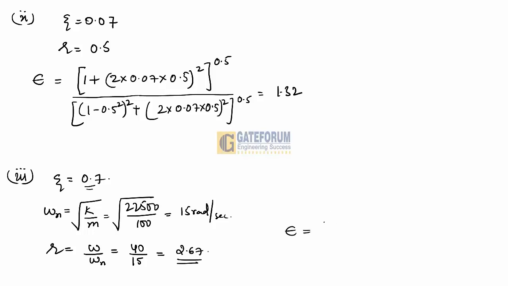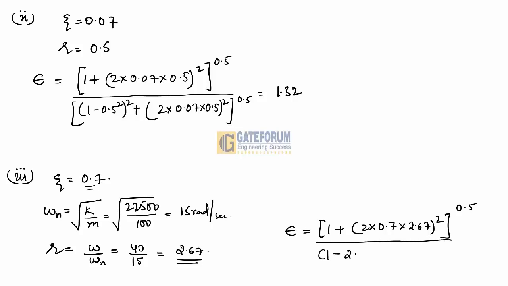So epsilon is equal to 1 plus 2 into 0.7 into 2.67 whole square, raised to the power of 0.5, divided by 1 minus 2.67 whole square plus 2 into 0.7 into 2.67 whole square, raised to the power of 0.5 or under root.